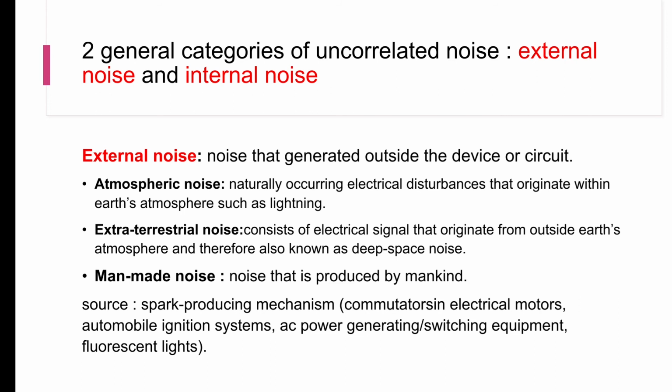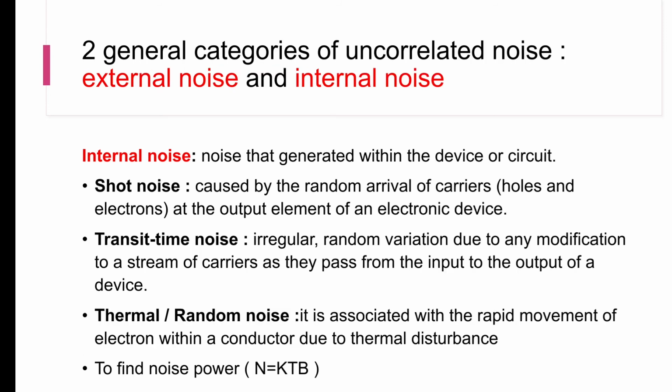And internal noise is noise generated within the device or circuit, like shot noise, caused by the random arrival of carriers, holes and electrons, at the output element of an electronic device.